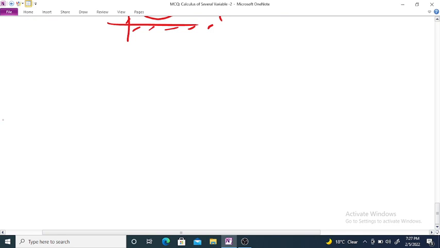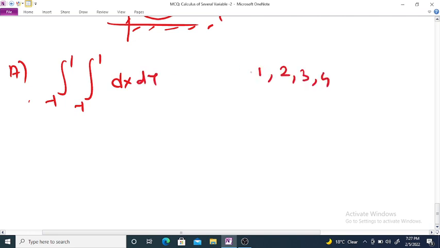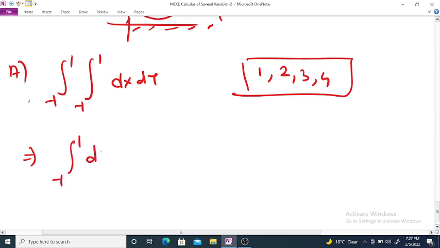Next, example number 17. What is the value of the integration from -1 to 1 of dx dy? The options are given 1, 2, 3, 4. Since both limits are constant here, we can evaluate this integration directly.